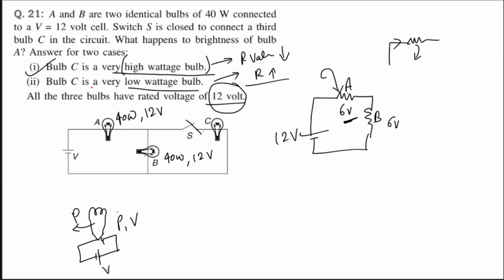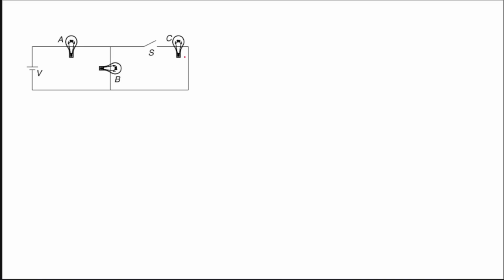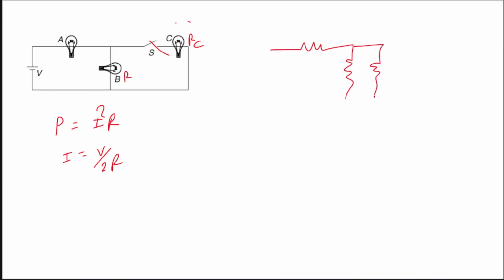Now in the second case, bulb C is a very low wattage bulb, so it has a high resistance. And if this has a high resistance, again initially how much power will it be? That is your I squared R, where I is equal to V by 2R. Finally, when this is getting connected, this is RC, and RC is what? Greater, right? So for the combination of R and RC, if you make the circuit again, these two are in parallel.